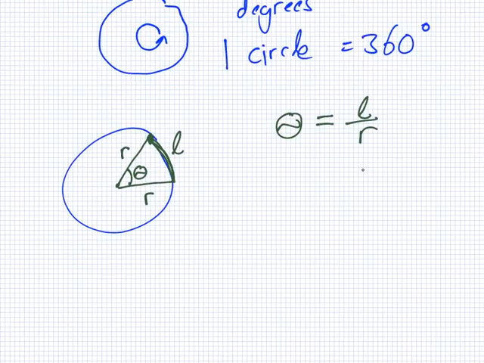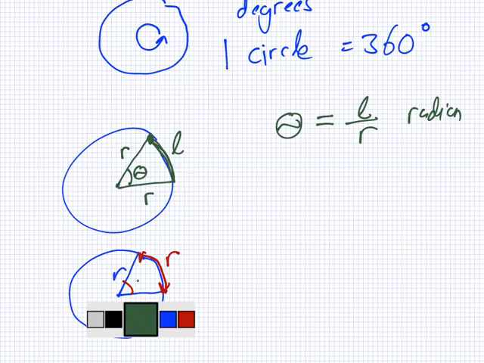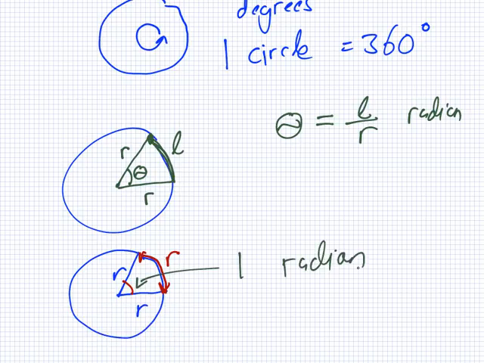The unit is called radian. So for example, if I draw r here, and then make sure that this length here is r as well, that is said to be 1 radian. So the reason radians are important is because they can link the angle, the radius and the arc together in one formula.